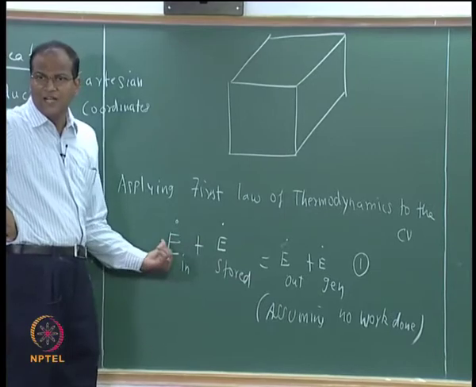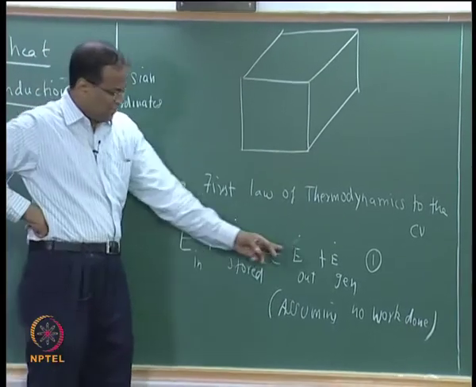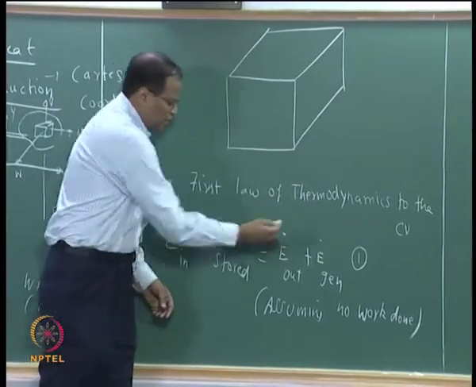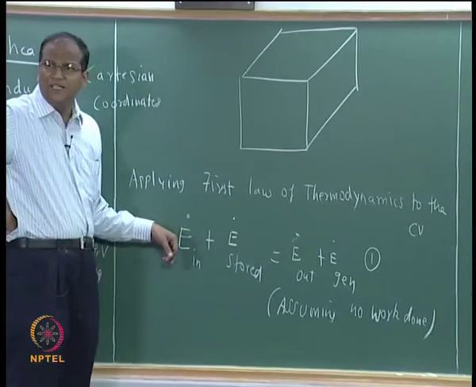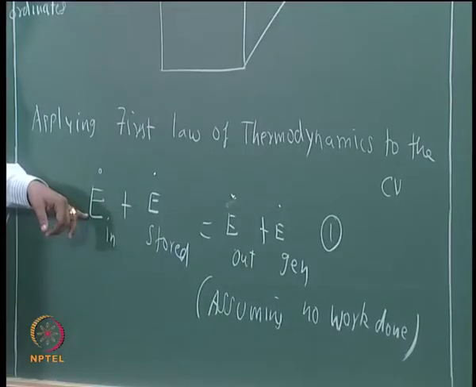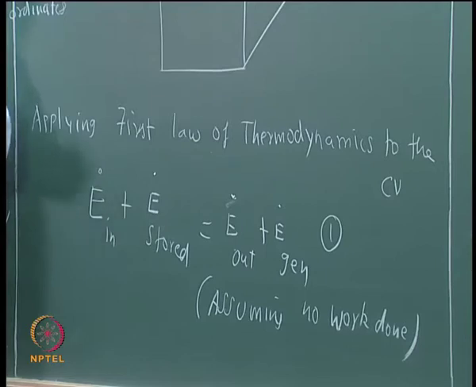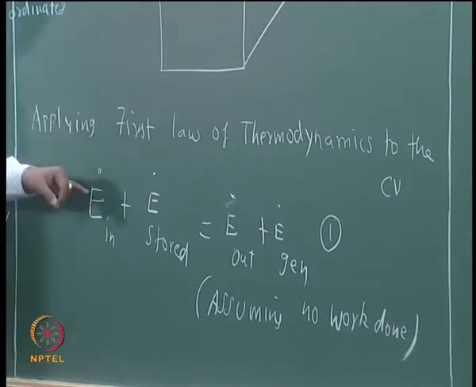okay. E dot in is the energy which is coming in, E dot out is the energy which is going out. The energy which is coming in need not be just only because of the conduction, the body is moving, it can also be because of advection, okay. So there is an incoming energy.